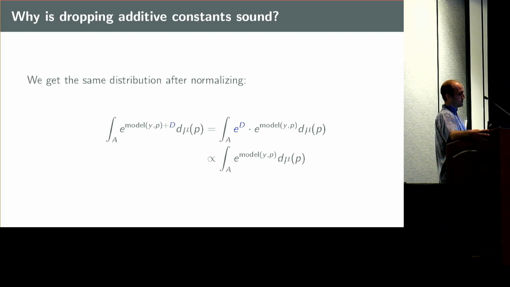And so if you imagine our original program's model block was effectively e to the model times some constant, plus some constant d, then that amounts to scaling the integrand by e to the d, and since integration is linear, when you normalize, that coefficient is just going to cancel out. So once again, you've changed the operational extensional behavior of the model block, but you've preserved the underlying probability distribution that it represents.